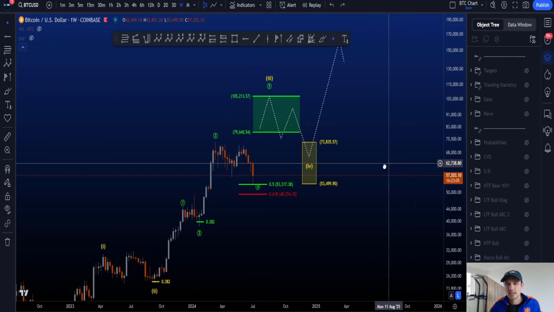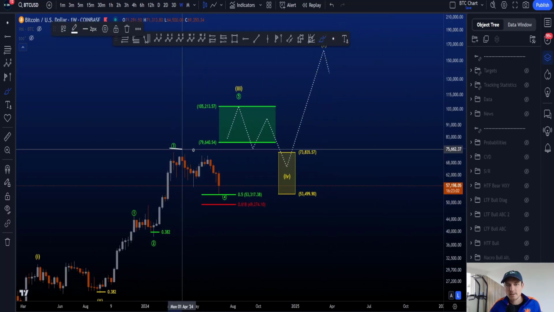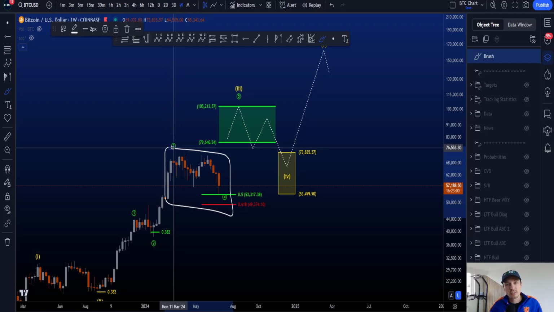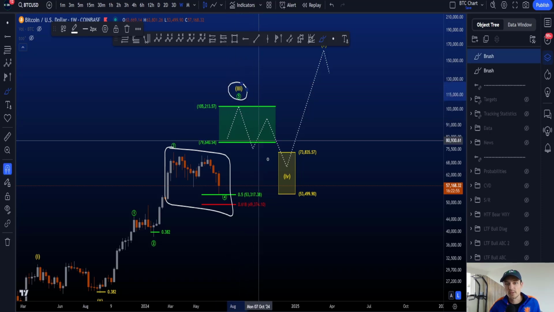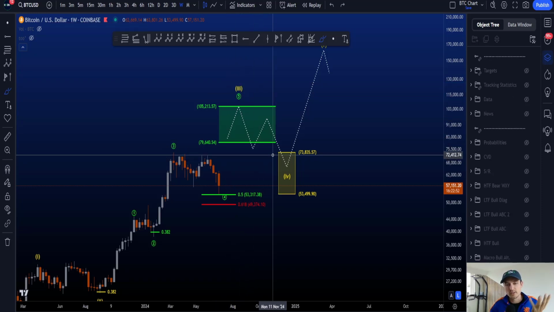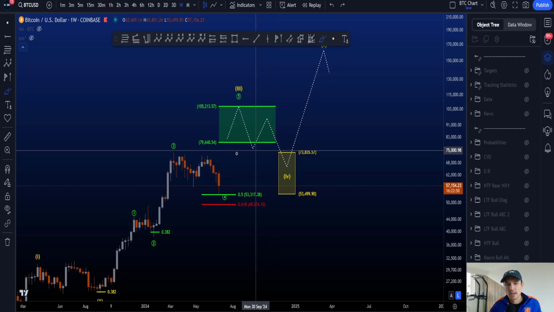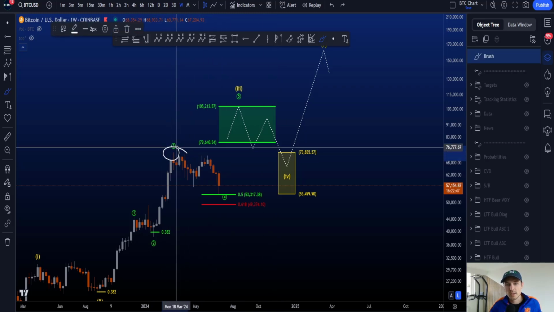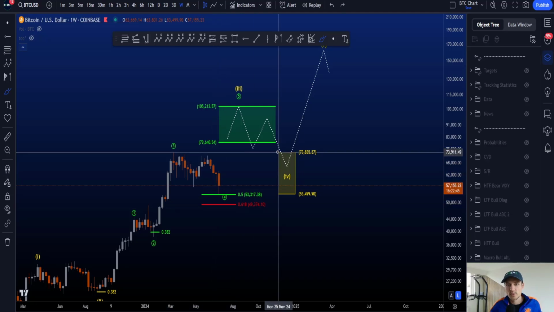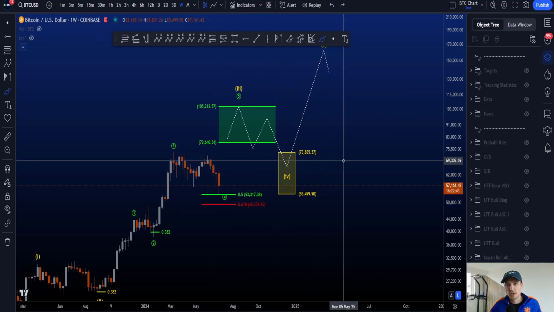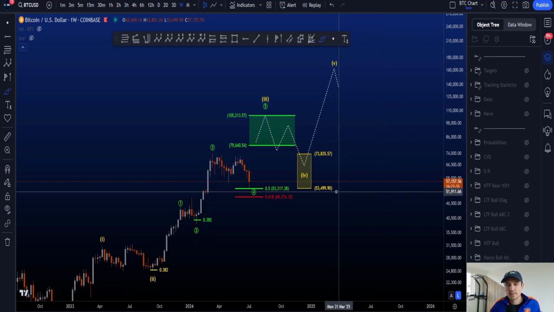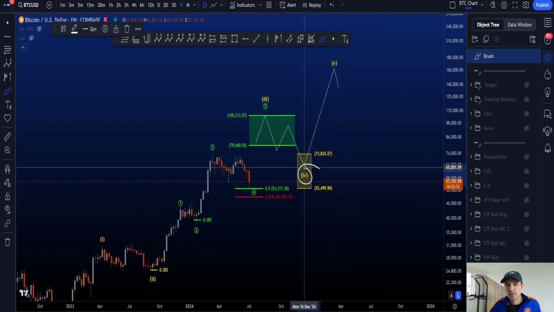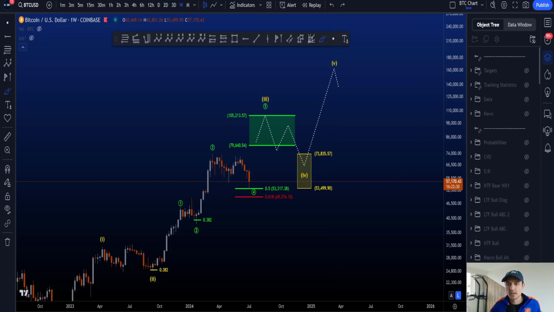This is a guideline in Elliott waves, and therefore labeling this as a green wave 4, which is the lower degree wave 4 because it is a subdegree count of the yellow wave 3, the target for your higher degree wave 4, the yellow wave 4, can therefore be between the high and the low of your green wave 4, which is the box that you see on my chart, giving you a target area between 73.8k and 53.5k at the moment. After this wave 4, we look for an impulse to the upside in a wave 5.